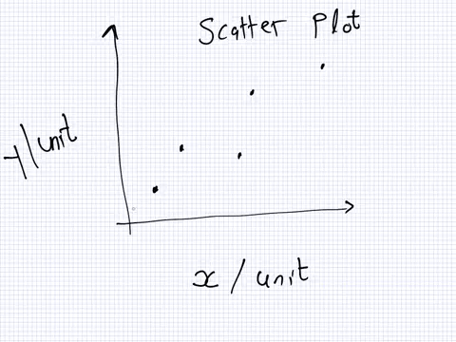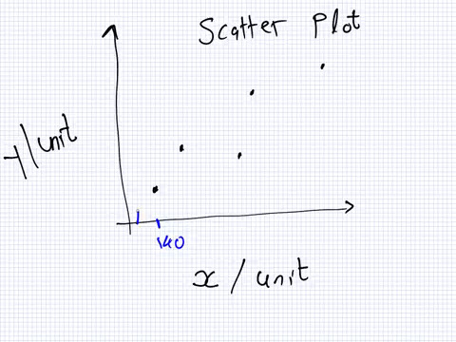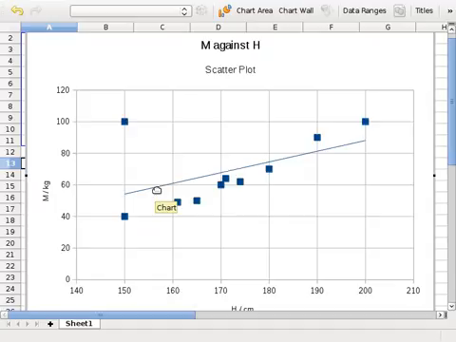If you skip, for example, if you start at 140, not 0, you must write this little symbol here. That means you're skipping some numbers at the start. It goes up, down, tick.